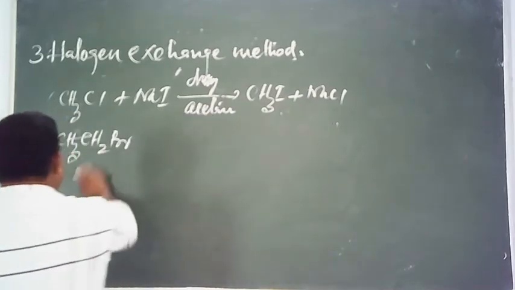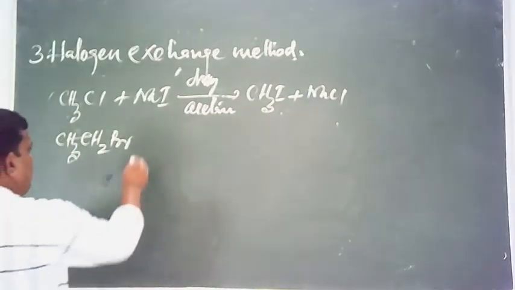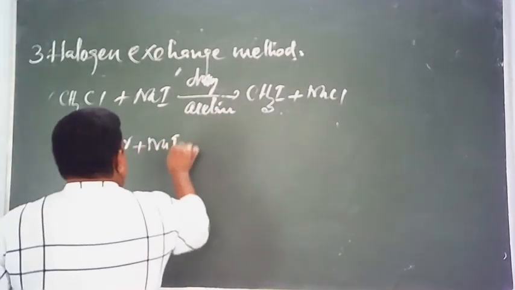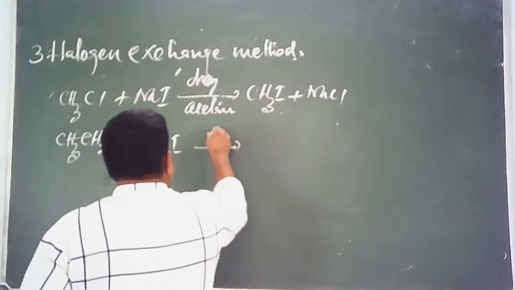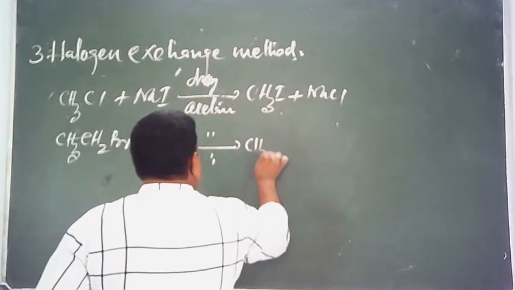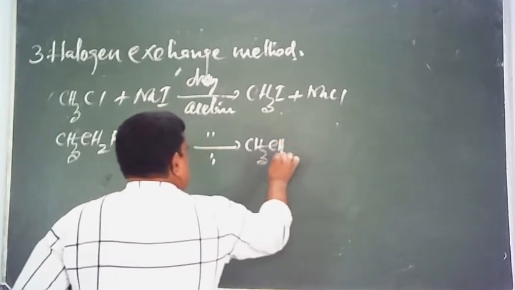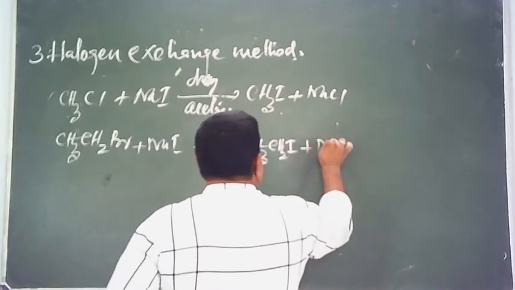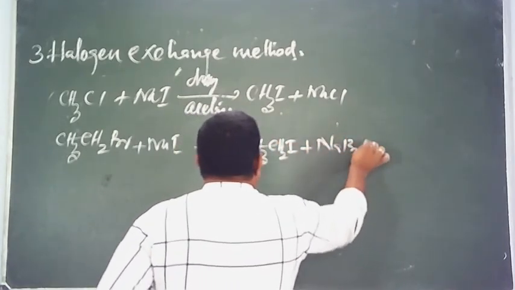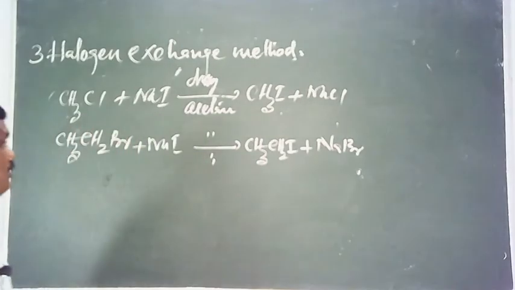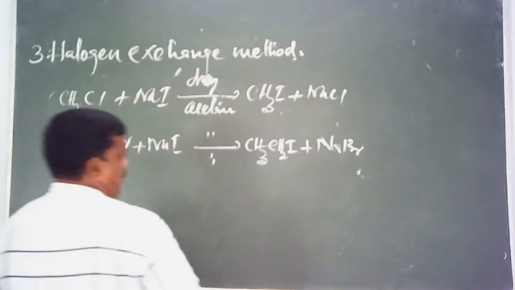Here I have taken ethyl bromide, bromoethane. It is made to react with sodium iodide in dry acetone. Here I get CH3CH2I plus sodium bromide. Okay, this is about Finkelstein reaction.